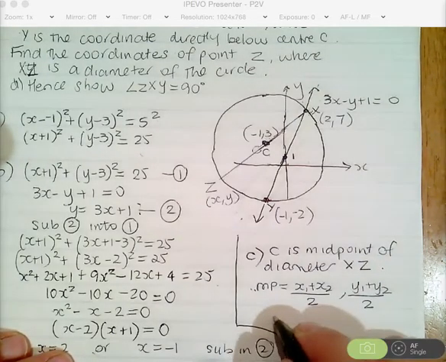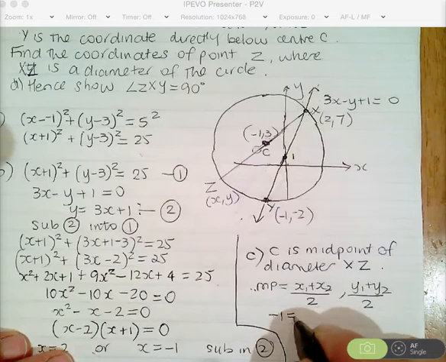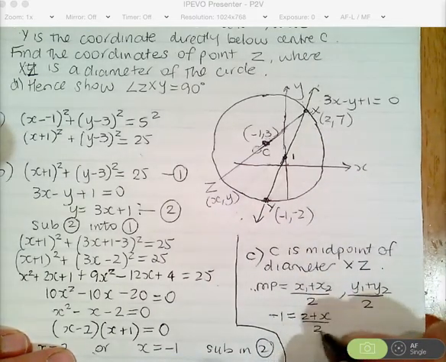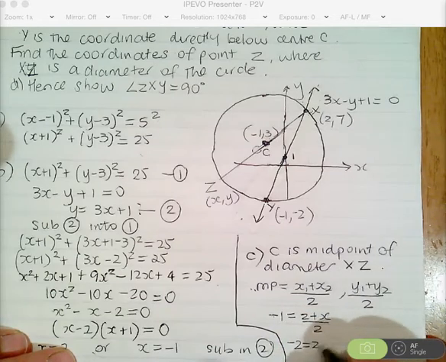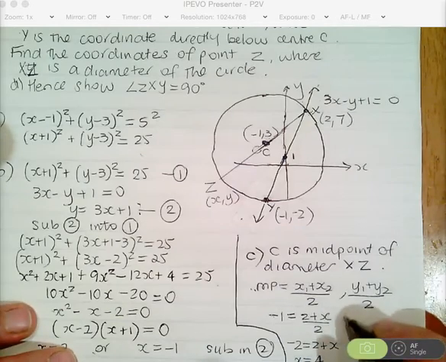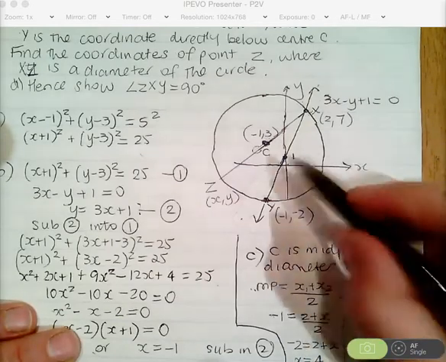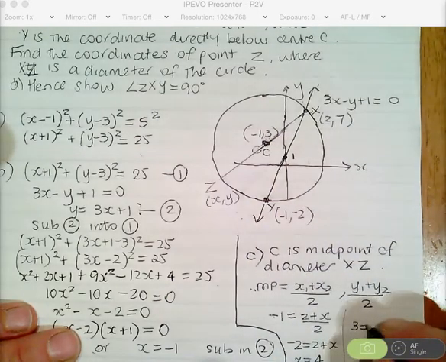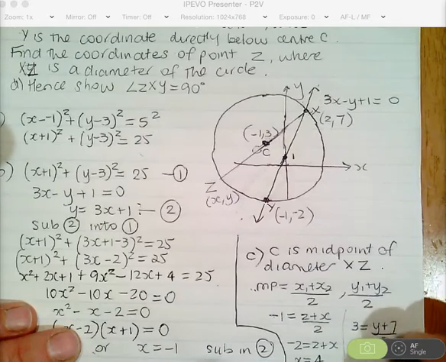So looking at the x value, we know that -1 is the average of the 2 and the x here. Solving that, we get -2 is 2 plus x, and so x equals -2 minus 2, which is -4. Looking at the y values, we know that 3 is the average of 7 and y, so 3 equals (y plus 7) over 2.